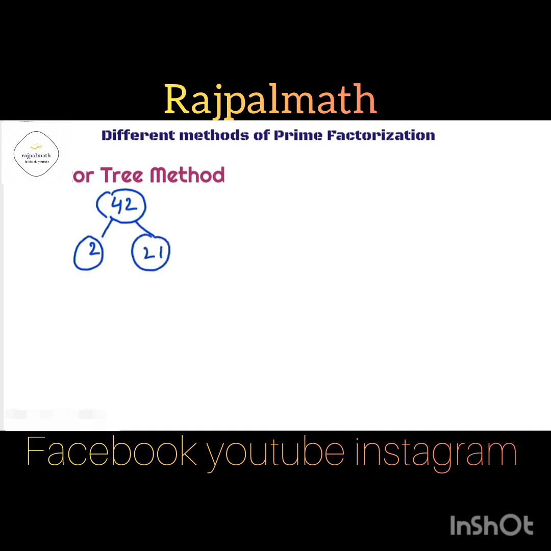Now 2 is a prime number, hence it cannot be factorized further. The number 21 has two factors, 3 into 7. Now 3 and 7 are both prime numbers, hence we cannot factorize further. Which means the prime factorization of 42 is 2 into 3 into 7.